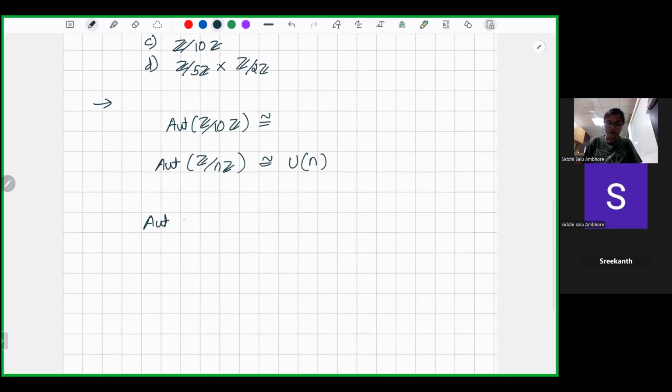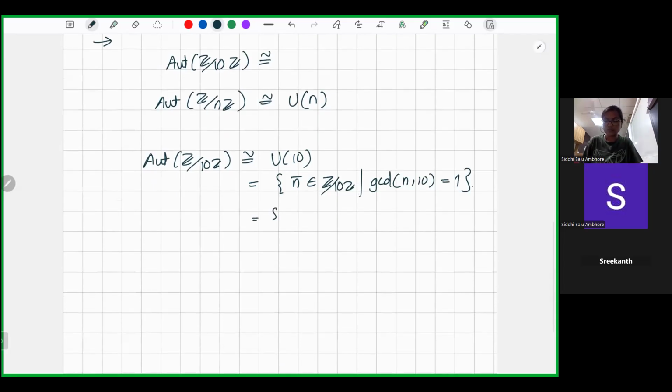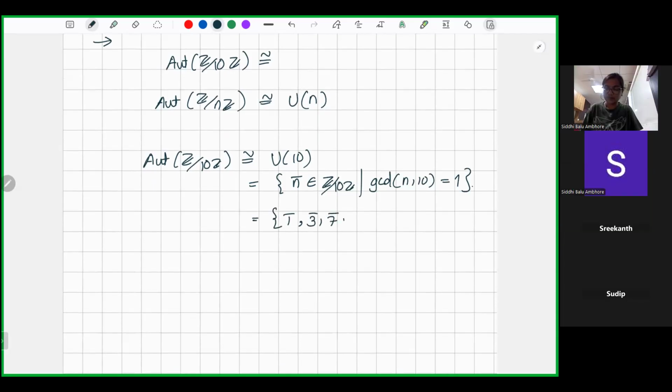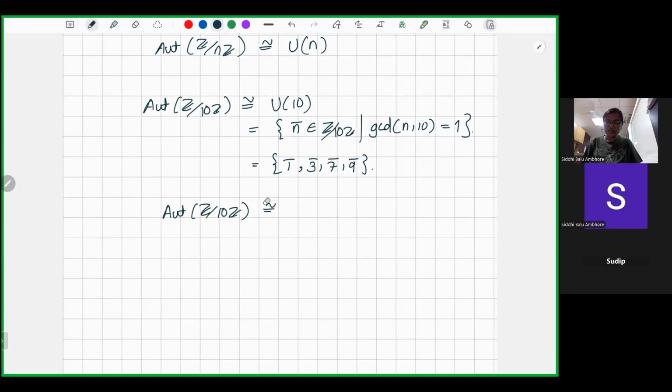So the automorphism group of Z10 is isomorphic to U10, which consists of all n bar in Z10 such that GCD of n and 10 is 1. So this is 1 bar, 3 bar, 7 bar, and 9 bar. So the cardinality of the automorphism group is 4.